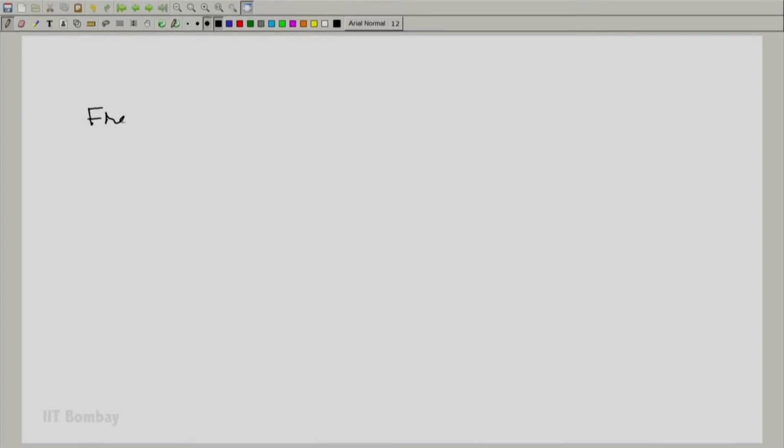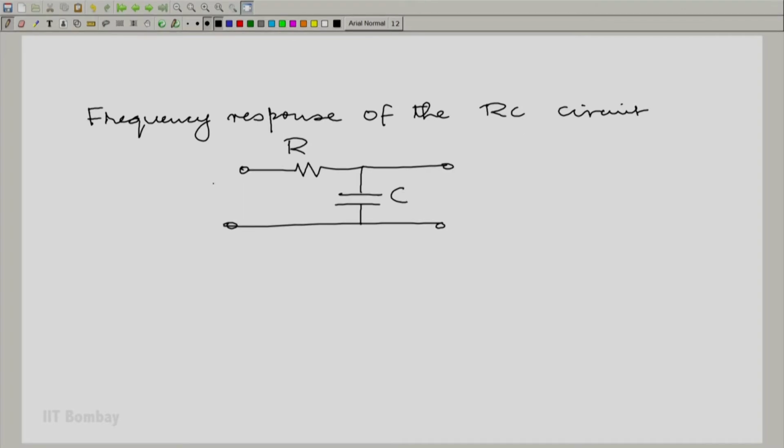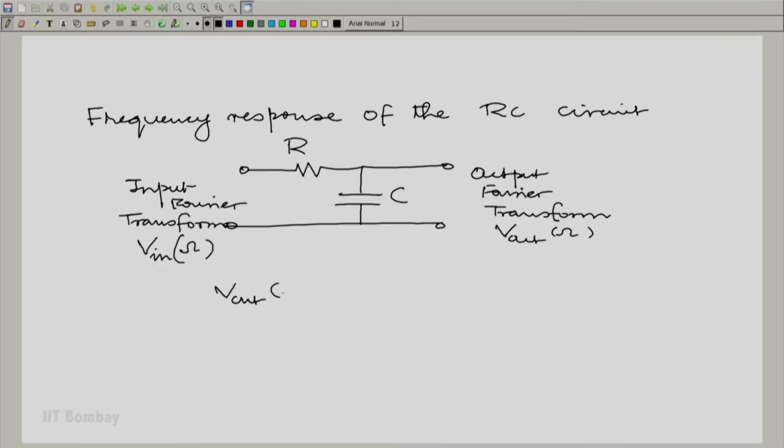Towards that objective, let us find out the frequency response. To find the frequency response, we could proceed in various ways. We could find the impulse response and take the Fourier transform, or we could look at the input and the output phasors and find their ratio.